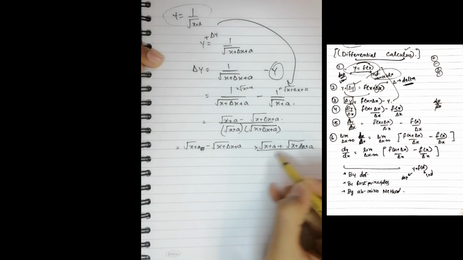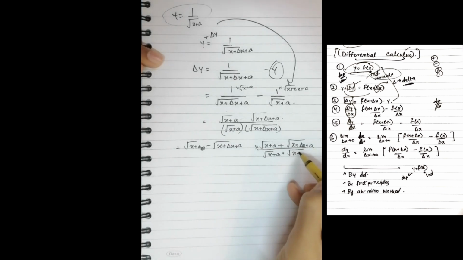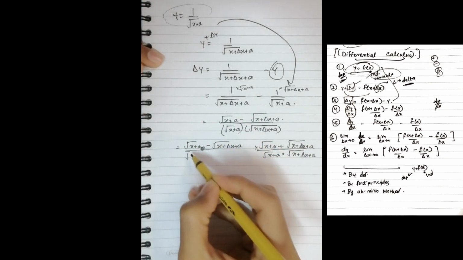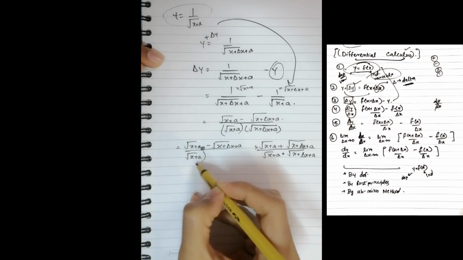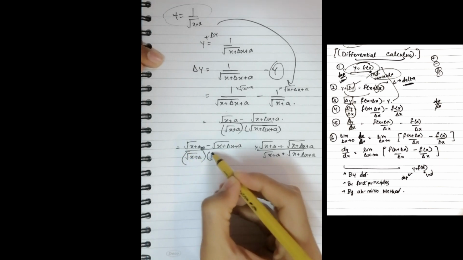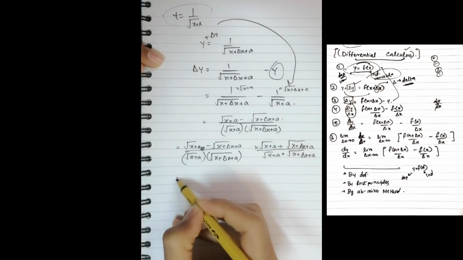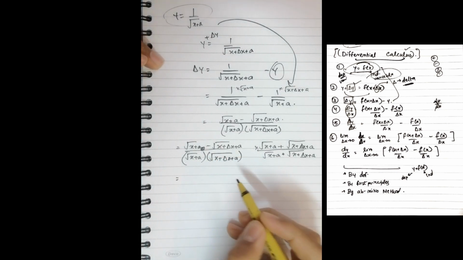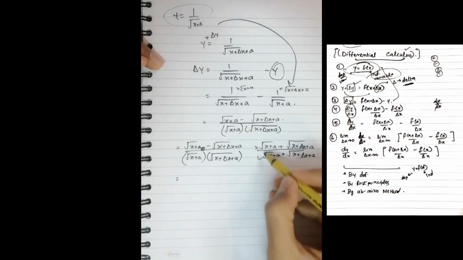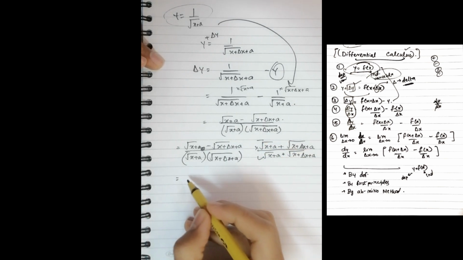Okay, divided by root of x plus a plus root of x plus delta x plus a. Okay, and this term is as it is in the bottom, root of x plus a, and you can see that these terms are being multiplied, so I can compile them under one root. Okay, so this is the denominator and this is the numerator. Okay, so let's just multiply it.